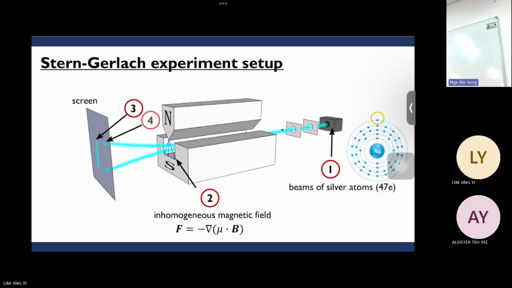So we should see a continuous deflection on this screen. But in fact, when the result showed up, they only saw two beams being deflected, which is the fourth point. The third one is our theoretical prediction. Any question for now?